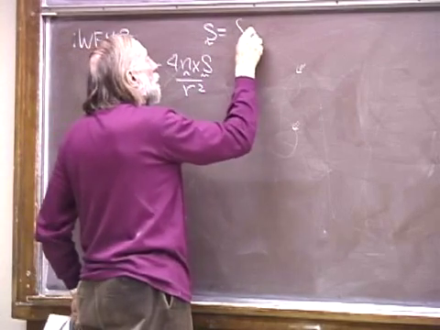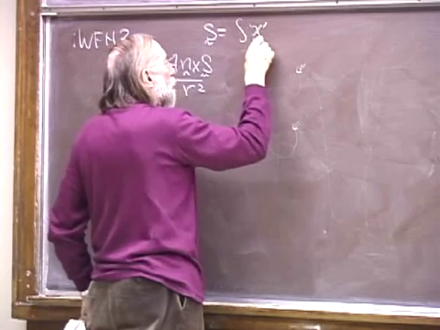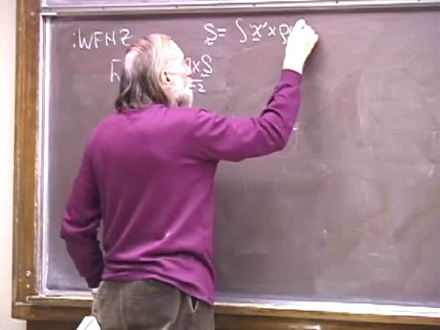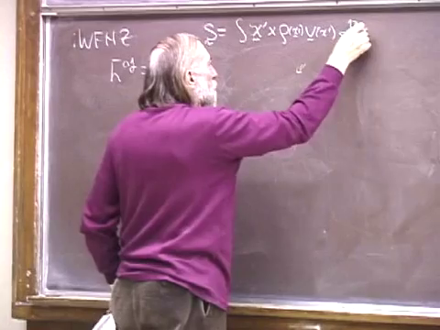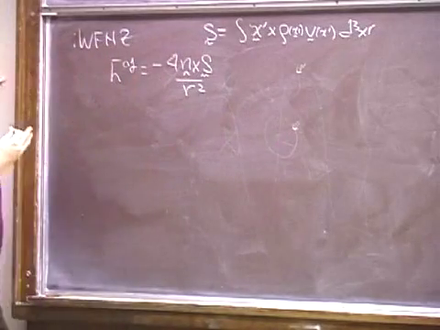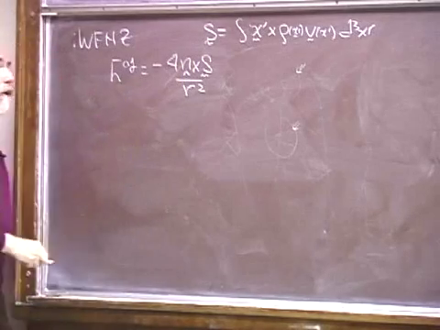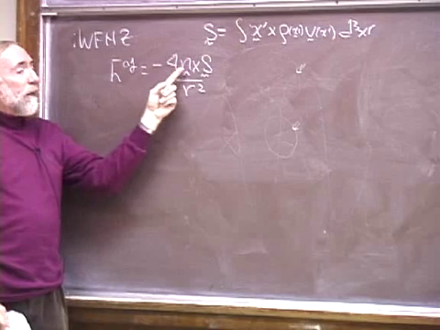So it's the integral of the radial vector inside the source crossed into rho at x prime, v at x prime, d3x prime. So it's just the standard angular momentum. And that's the current dipole moment, this angular momentum, and you get a minus 4 n cross S.